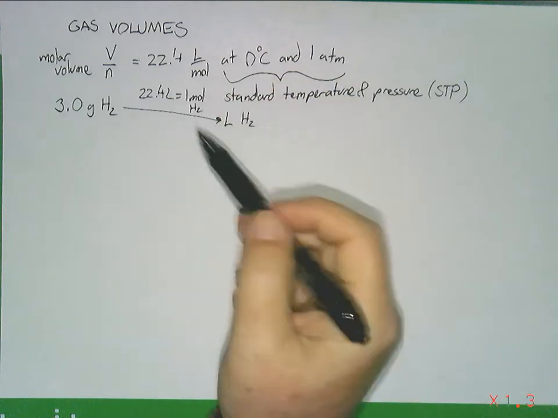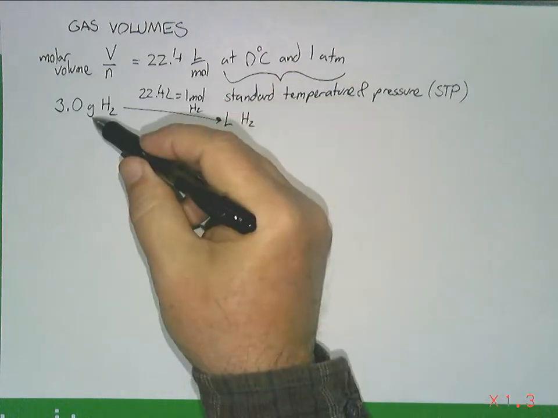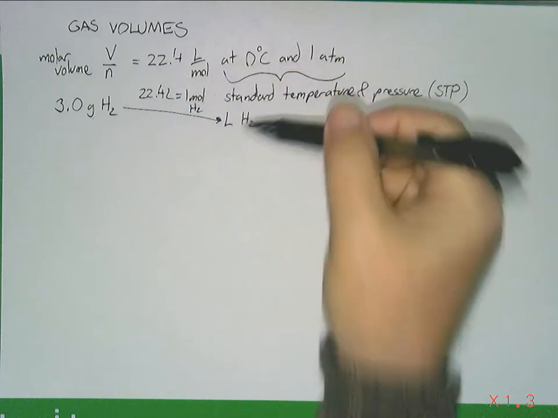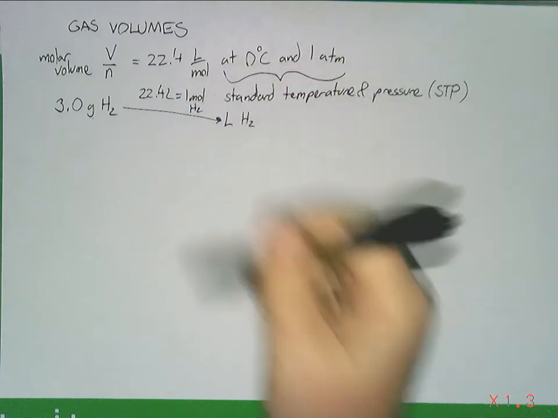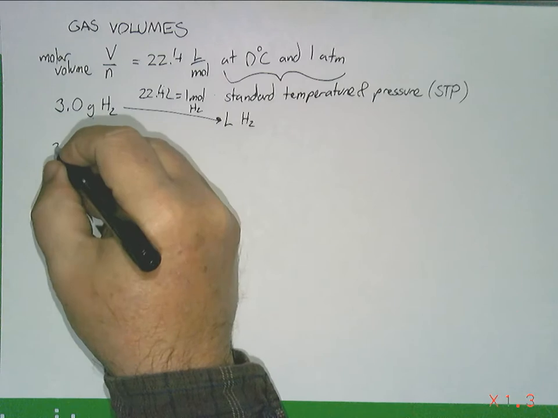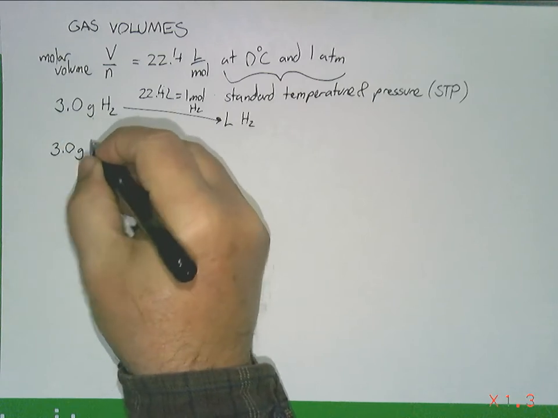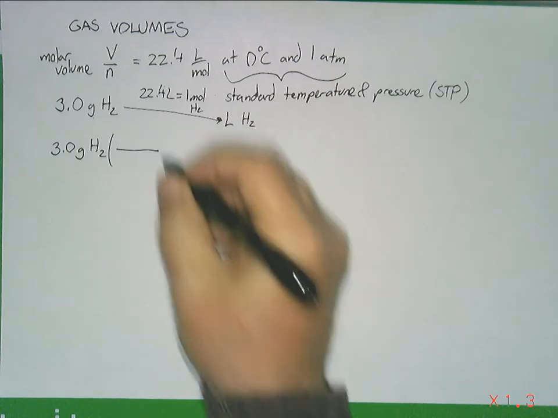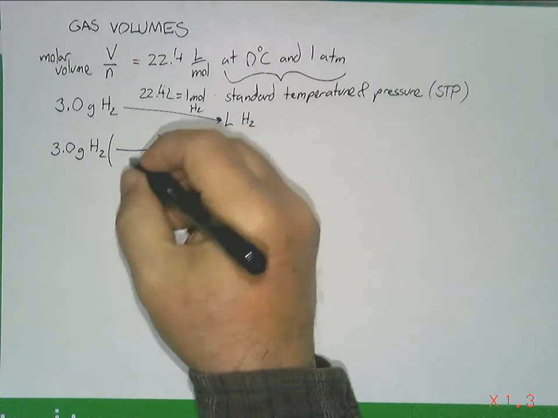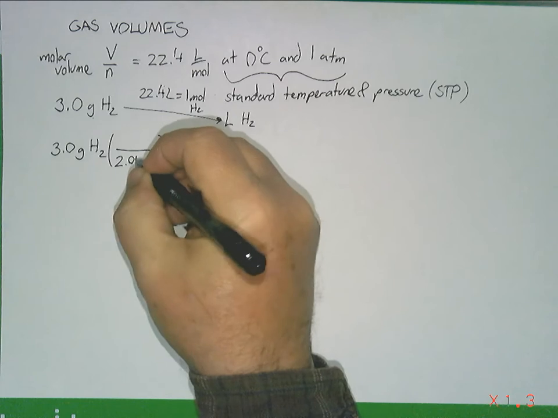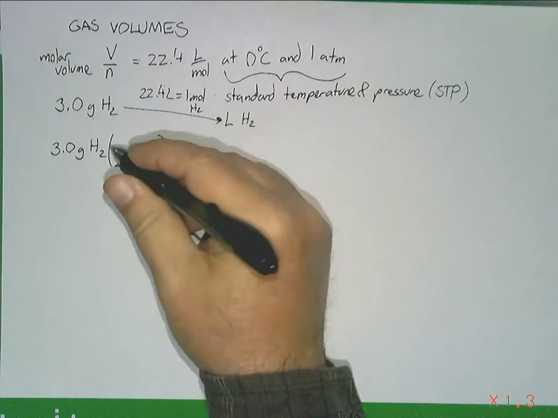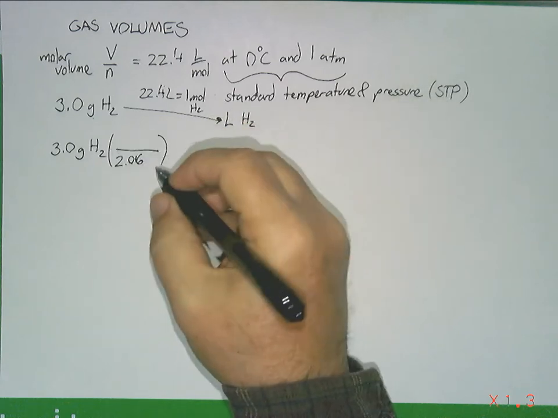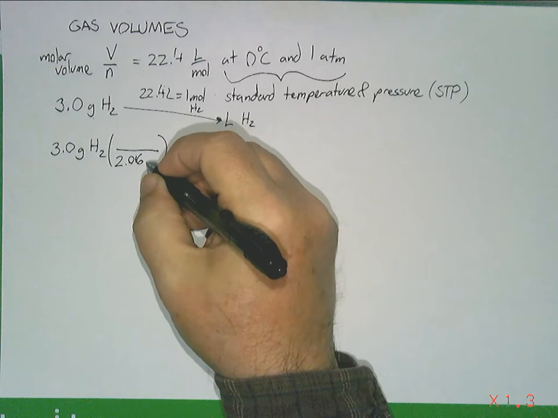So if I can turn grams into moles, then I'll have the liters on the end, and that will be my link. I can set up the rest of the problem like this. What's the molar mass of H2? It's 2.016. Each hydrogen weighs 1.008, so twice that is 2.016.